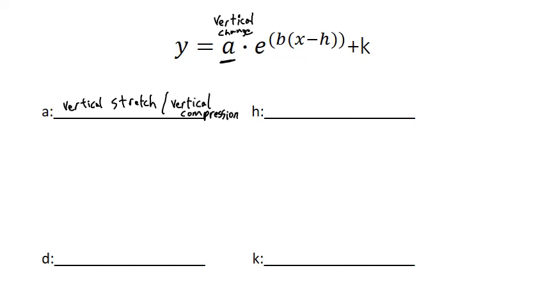So now let's look at what this interior value does. So this value, I put b here, but let's call it d to be consistent. So this d value, what it does is it's applied directly to the x.